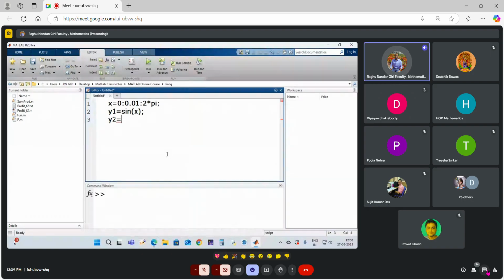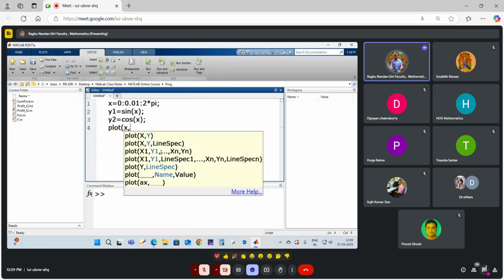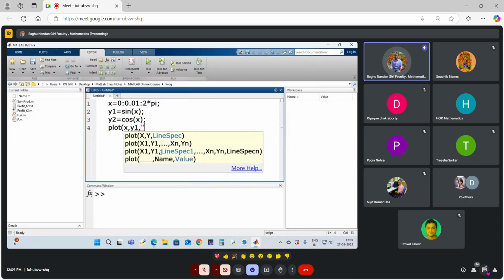y2 equal to cos of x. Then plot x comma y1 with a line specifier, suppose color red and a solid line.